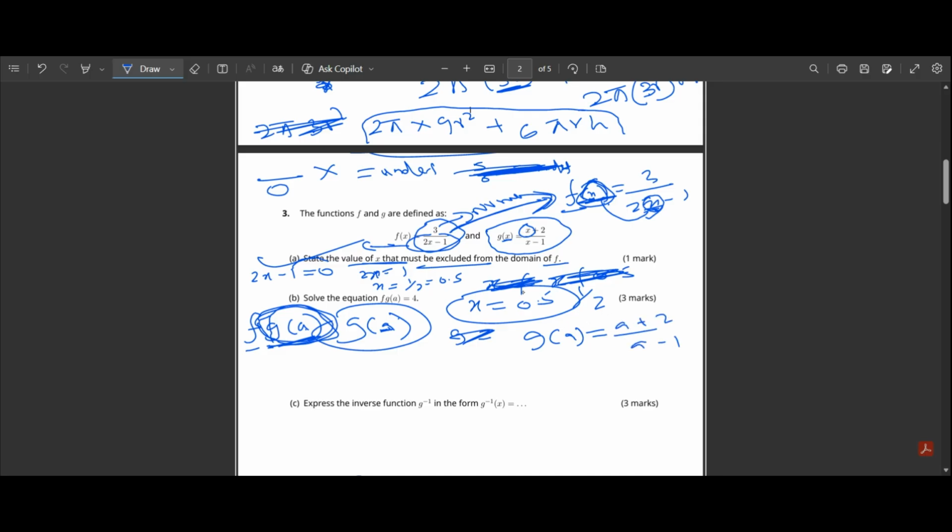If you didn't get it, see here the function g(x). What is here? x plus 2 divided by x minus 1. In this circle they have written x, so that's why here also they have put x. Here there is a, so you should put a instead of x. That's it. Very, very simple.